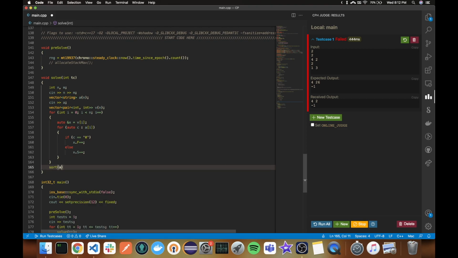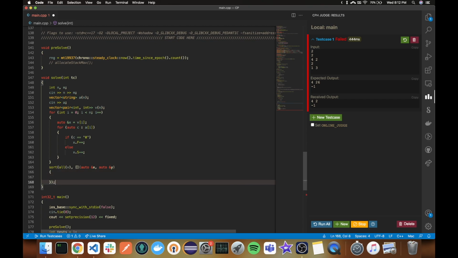Now I'm going to sort this array with a custom comparator, auto x, auto y, and the custom comparator is going to be like this: return x dot second multiplied by y dot first to be less than x dot first multiplied by y dot second.